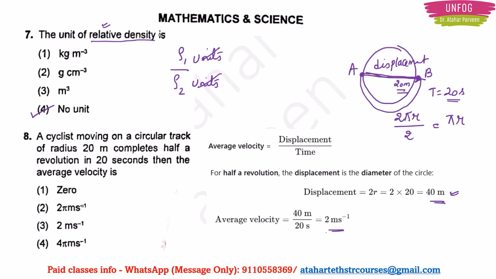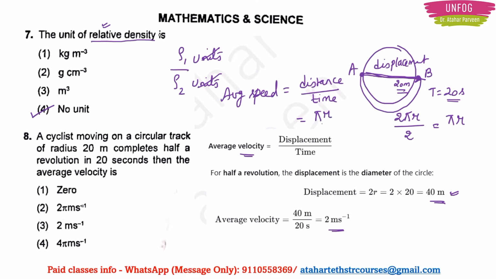If they were asking us to find out the speed, average speed instead of velocity, at that time what we had to do, we had to take distance, not displacement. We would take distance upon time. And what is the distance? The circumference of the circle is 2 pi r. So for half circle, the circumference will be pi r.